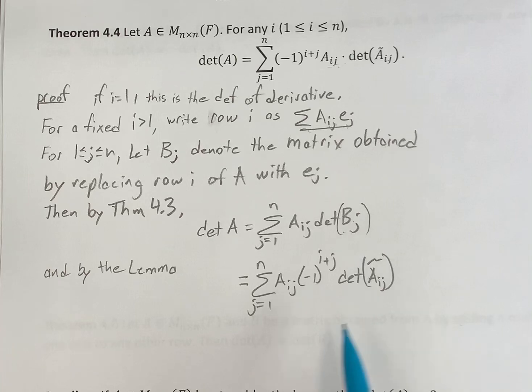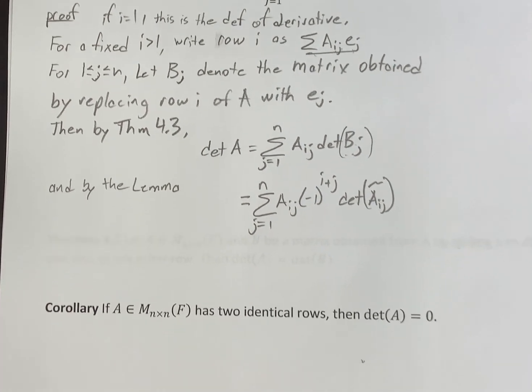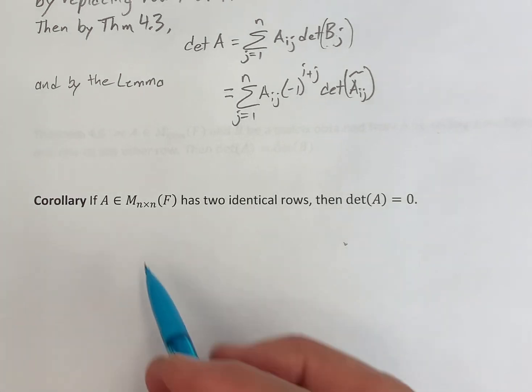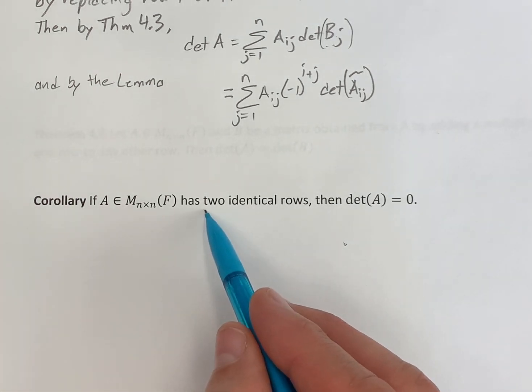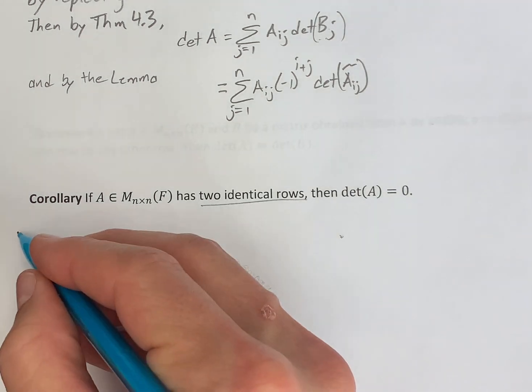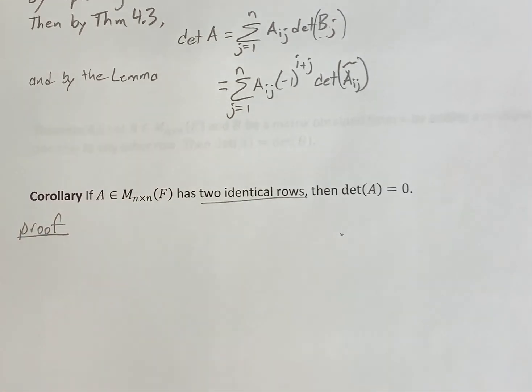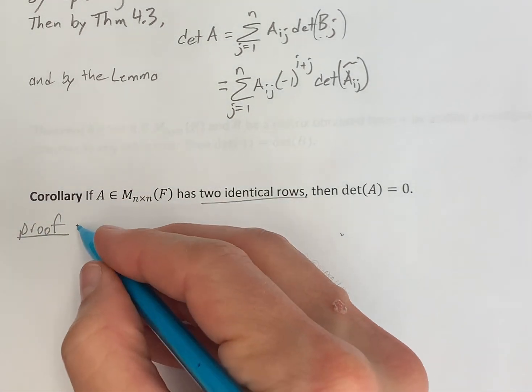And this is a nice theorem in its own right, but this is particularly nice because if you think about it the right way, if any matrix has two identical rows, then the determinant is 0. So this probably requires more proof than your typical corollary. It's actually a proof by induction.